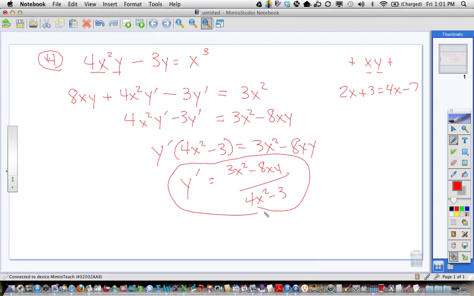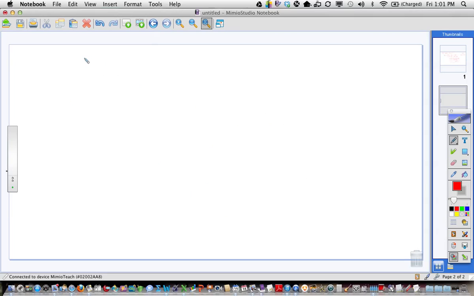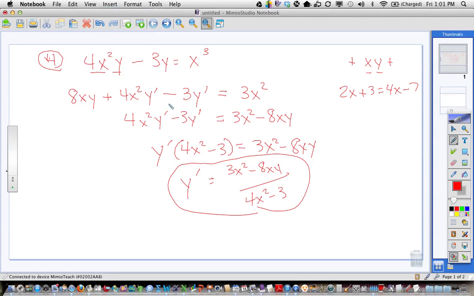Now, part B said you've got this problem, and you're supposed to write an explicit function of x, or of y. What does that mean? Get the y by itself. Now that's no different than what we were just talking about back here when we were saying get the y prime by itself.